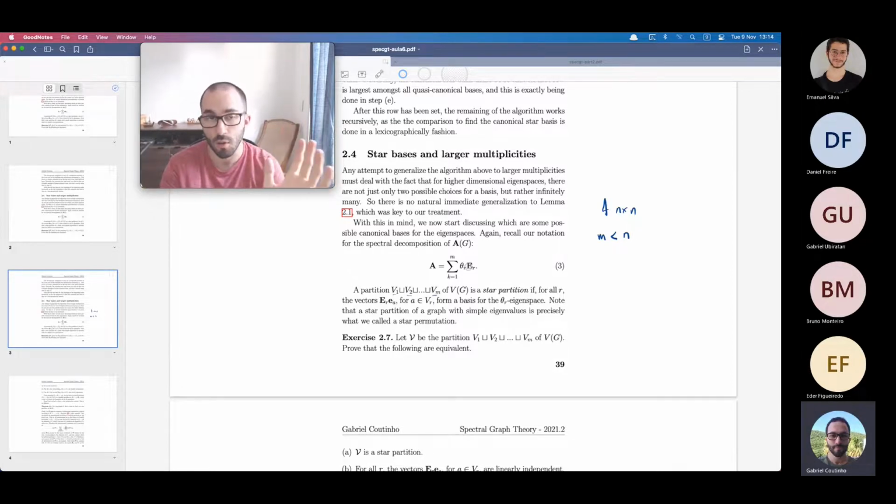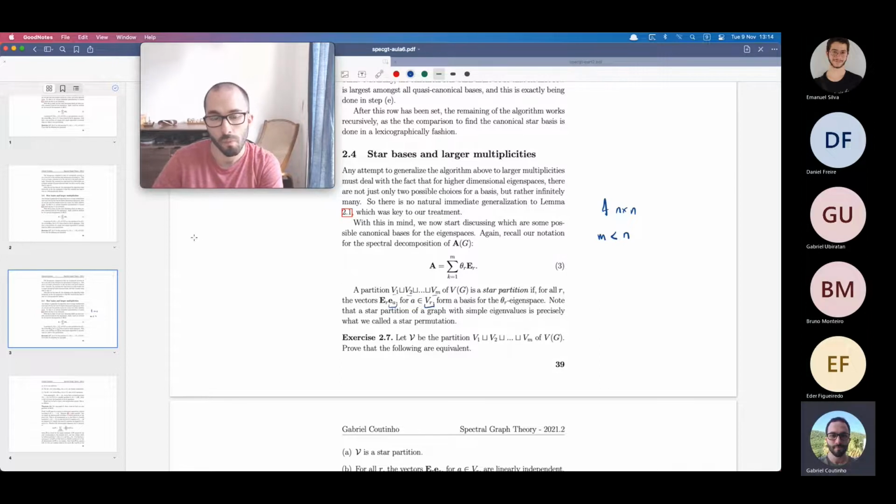Okay, this is what I want. All right. So we say that such a partition is a star partition if for all r, the projectors onto the rth eigenspace of the characteristic vectors of the vertices in the rth cell form a basis for that eigenspace.